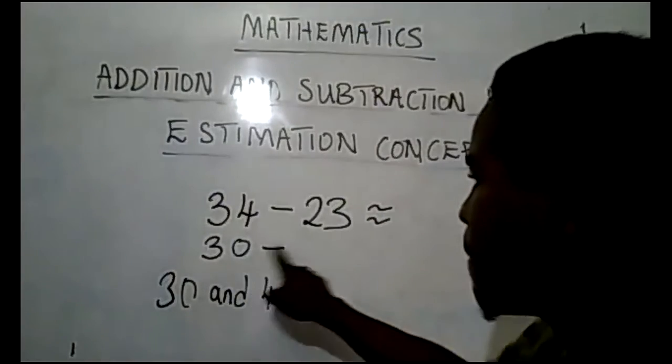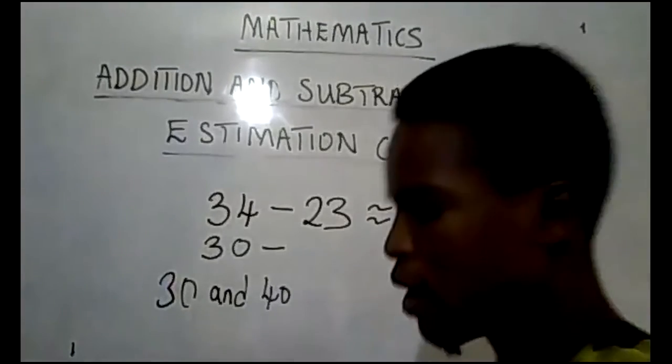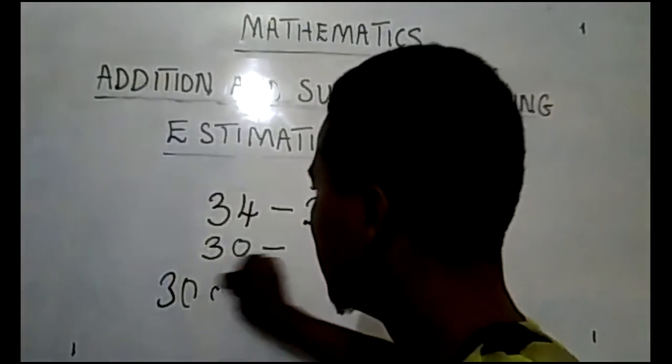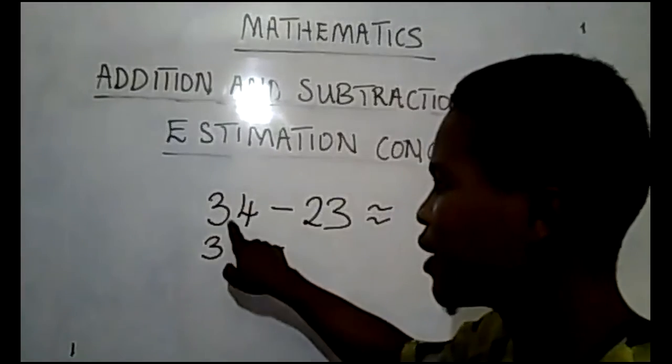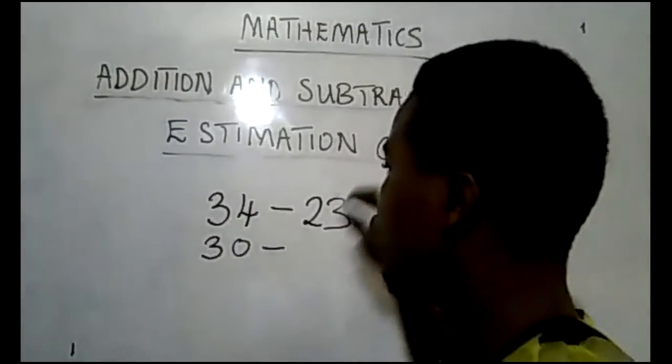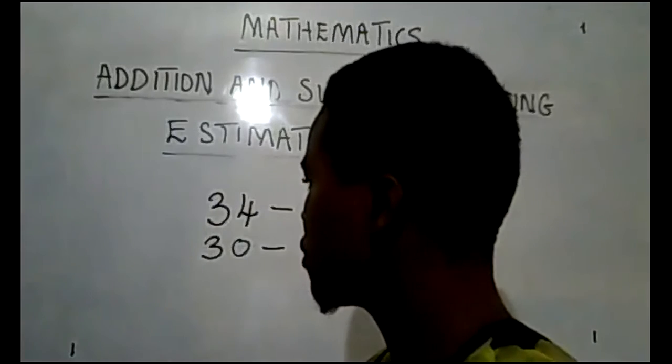Then that will be 30 minus 23. The next thing you do is to round 23 likewise, just like you rounded 34. Now, to round 23, you have to first spell out those figures 23 falls in between.